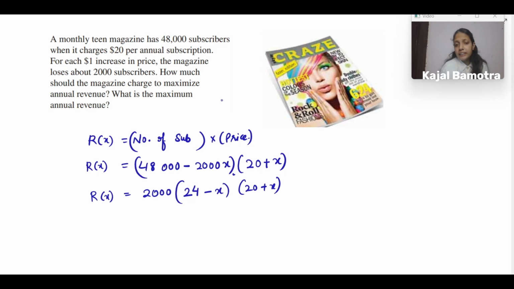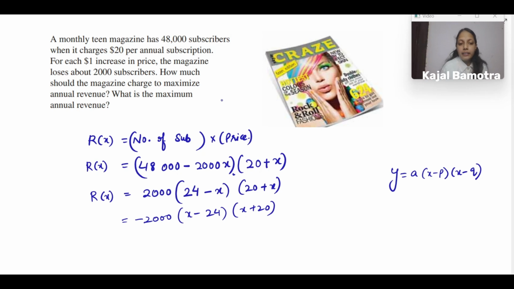It looks like the x-intercept form, but the x-intercept form is y equals a times x minus p times x minus q. It is not x minus p here, so I took the negative outside. It will be x minus 24 and x plus 20. Now it is in x-intercept form.